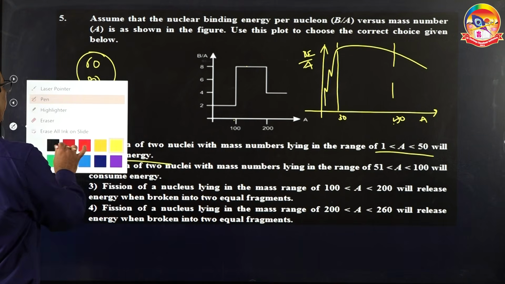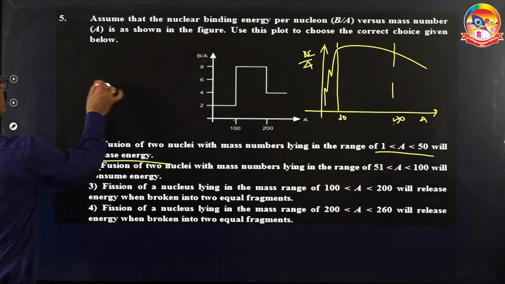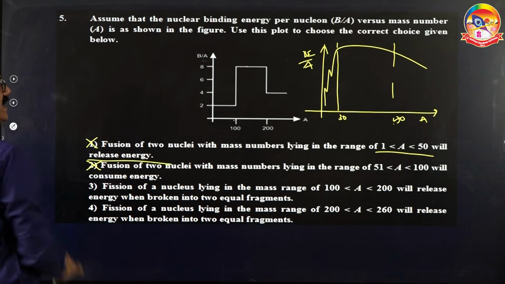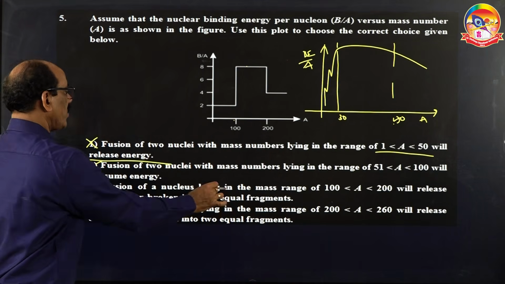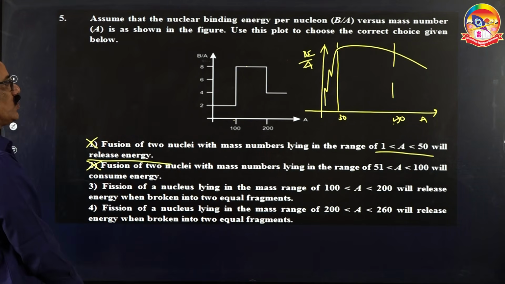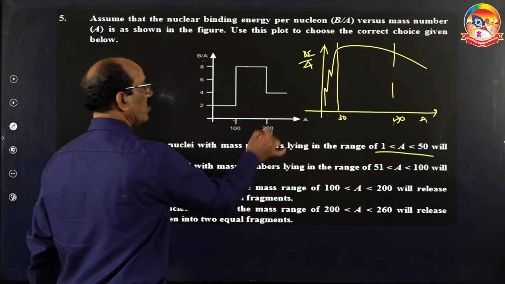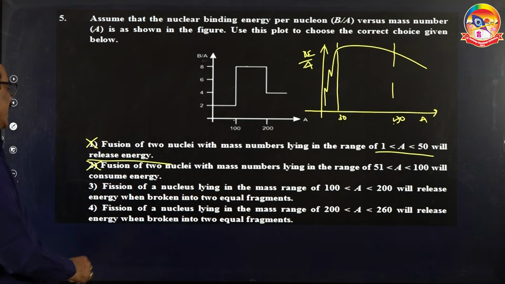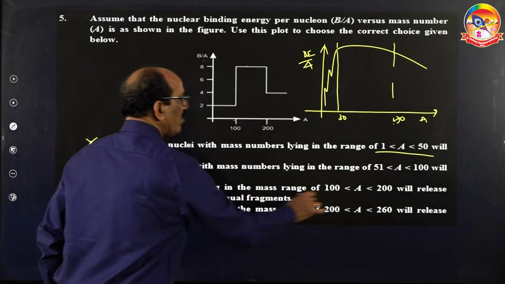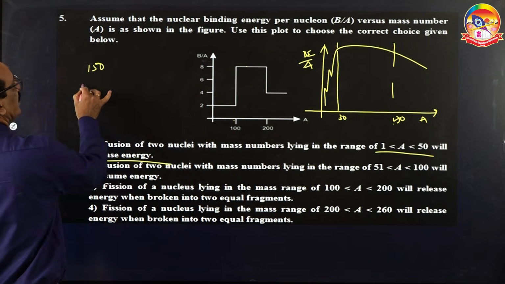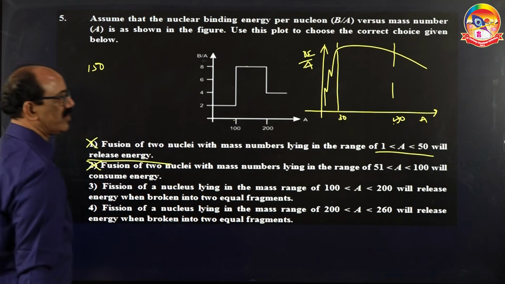Let us now look at the next one, that is fission of nuclei lying in the mass range 100 to 200. Here, 100 to 200 will release energy when broken into two equal fragments. Check with some nucleus, 150, between 100 and 200.